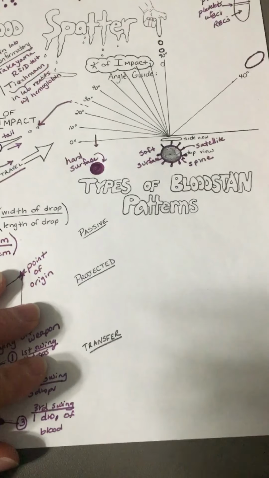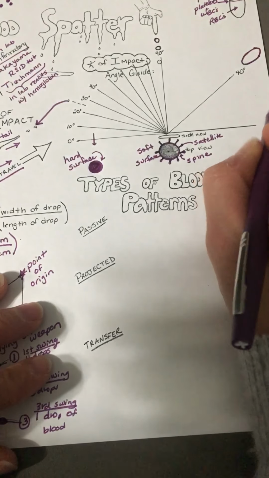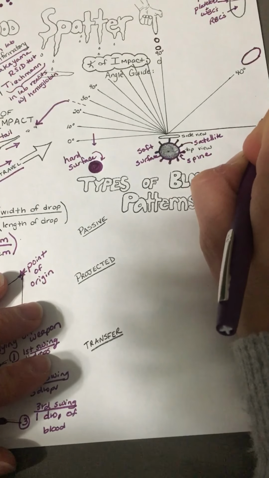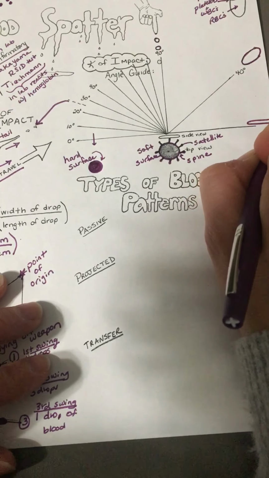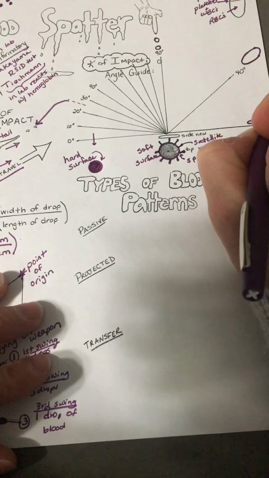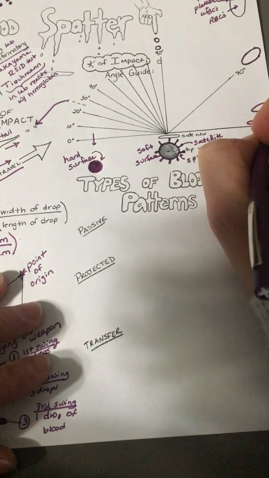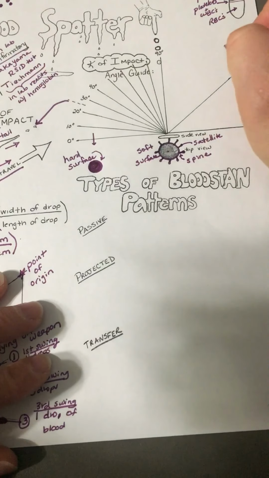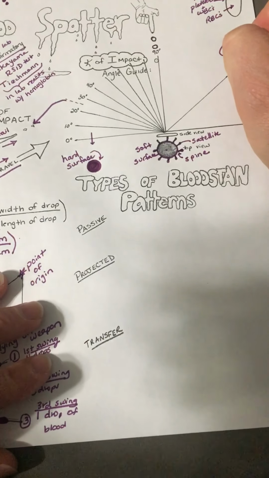So what I need you to understand is that the smaller the angle, the more spread out the blood drop would be. As we went up in our angles, they would get more and more circular.